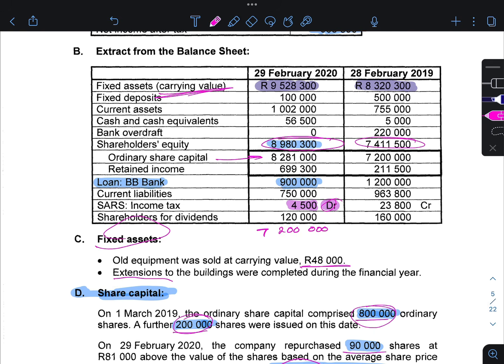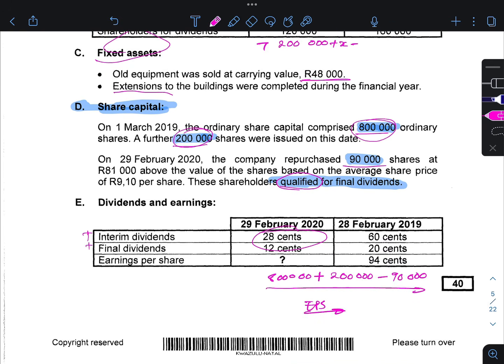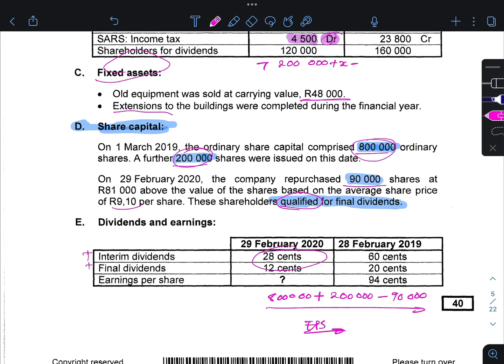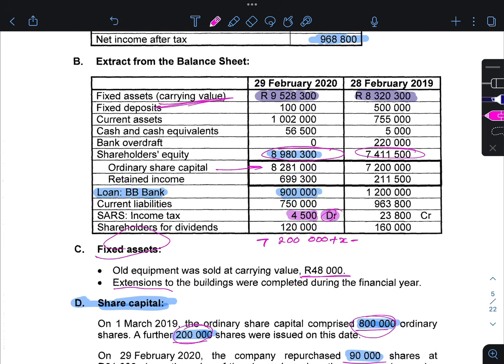All right, and then you added plus X because that's what you issued, and then you subtract your shares that you repurchased. Remember, the shares that you repurchased were valued at 910 on your average share price, so it's going to be 910.